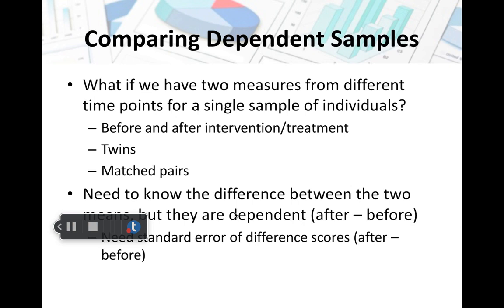So, instead of calculating the two means and then the two variances and then getting this one single standard error based on the sample size and variances as we did before with the independent samples, in this case we're going to need to get something called the standard error of the difference scores. And the difference scores are just simply taking one of the measures and subtracting the other. So I'm going to go through an example to show exactly what I mean, and then in the second video I'll go through multiple examples start to finish.